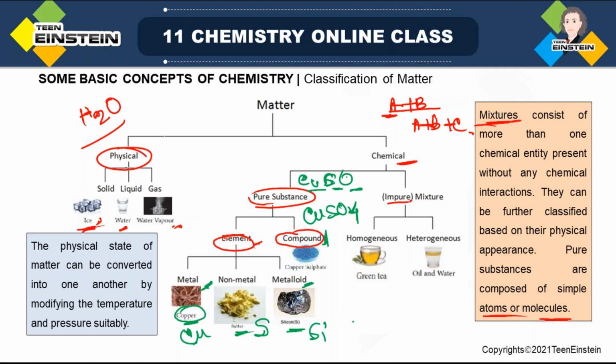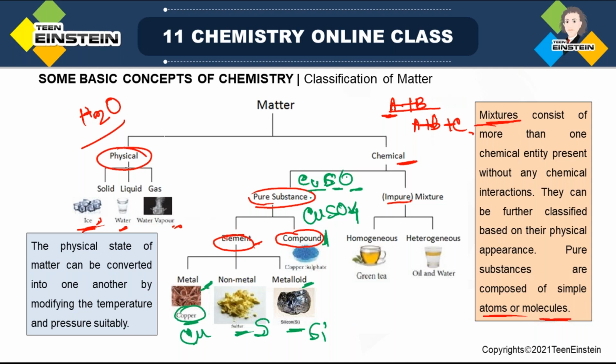Now in the case of a compound, there must be at least two elements. In this particular example, copper sulfate, we have three elements: copper, sulfur, oxygen. Copper sulfate is formed from these three elements, and there is some particular bond present between copper and sulfur, sulfur and oxygen.